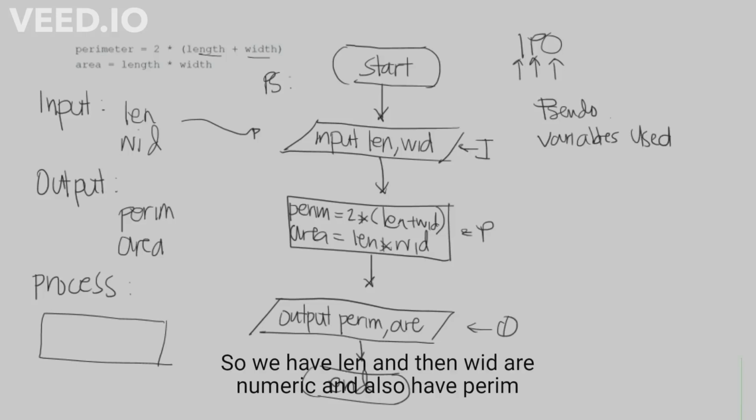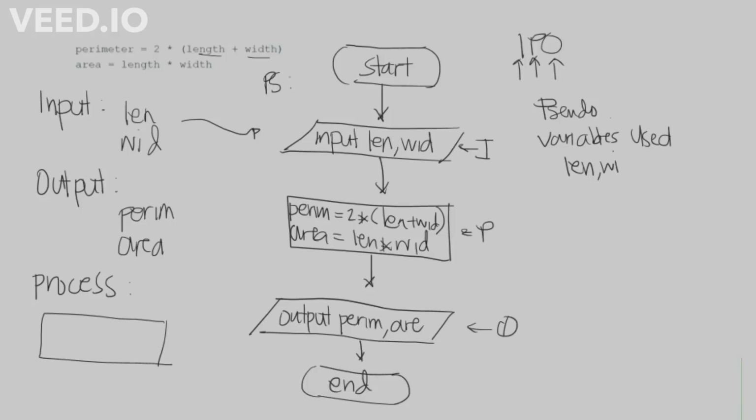So we have len and width as numeric. We can also have perim and area as numeric.